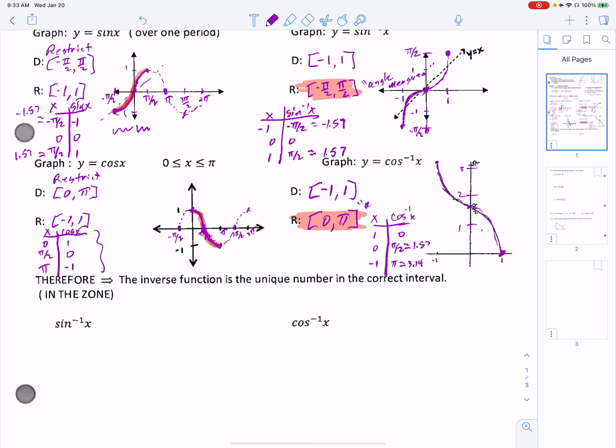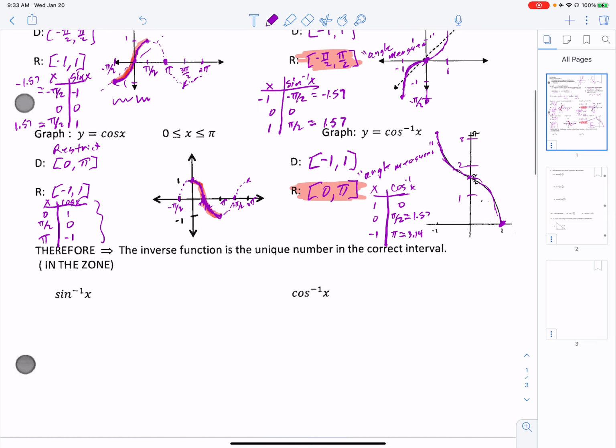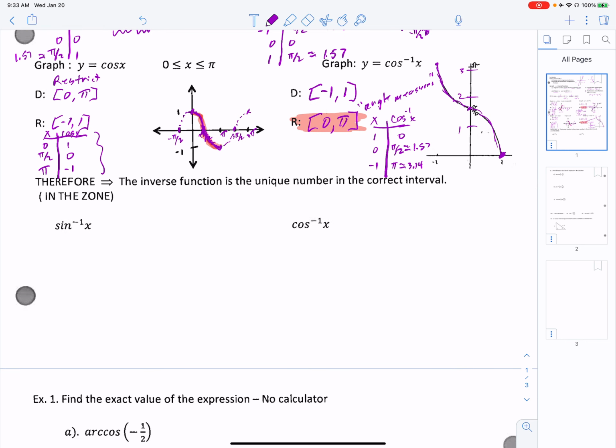So this range were the angle measures. And so on this inverse, you have to give the unique number. There's only one possible output of inverse sine, inverse cosine, and it has to be in the correct interval.